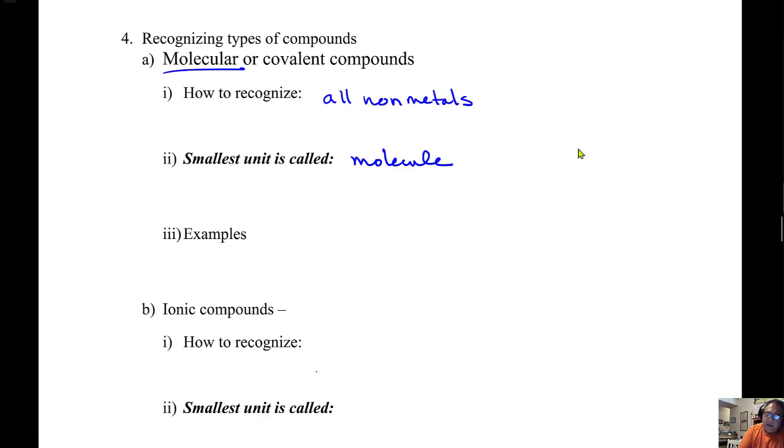Some examples like H2O would be one. Hydrogen's not in that top right side, but it is definitely a nonmetal. But it could be like CO2 or CO or one other interesting one, C6H12O6. These are all covalent compounds.